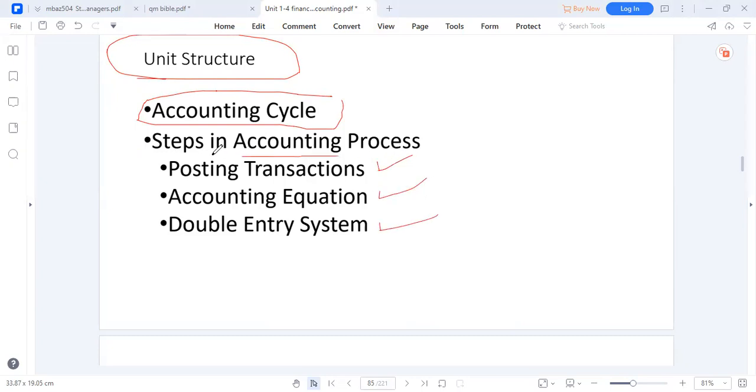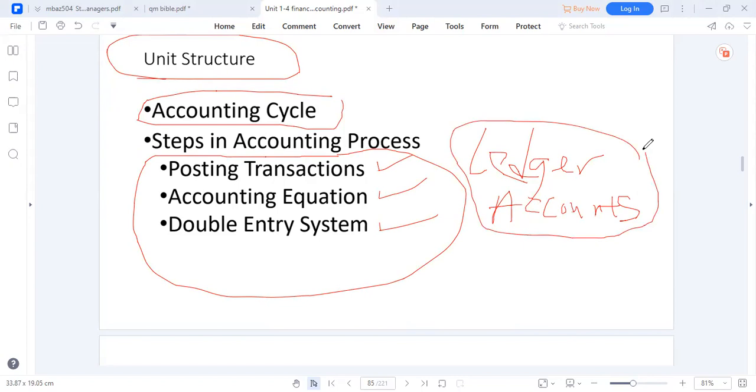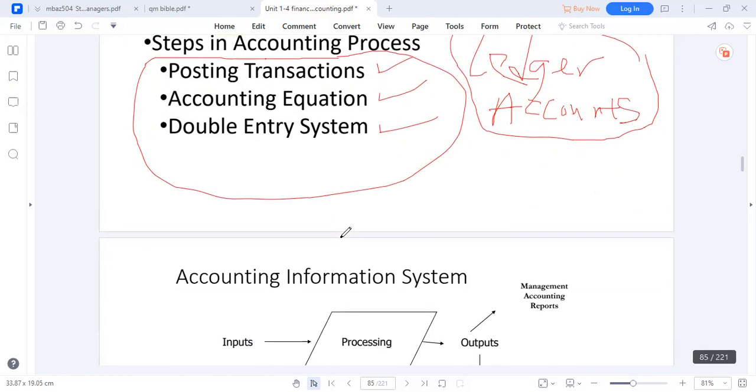These are the three things that you're going to look at. And here we'll look at what we call the ledger accounts, in short.